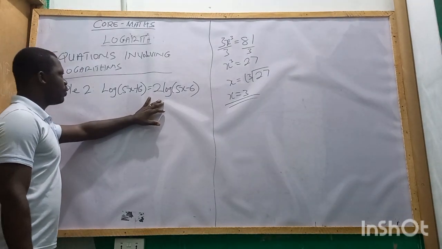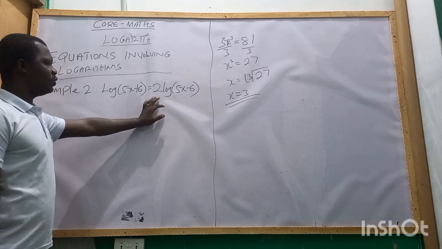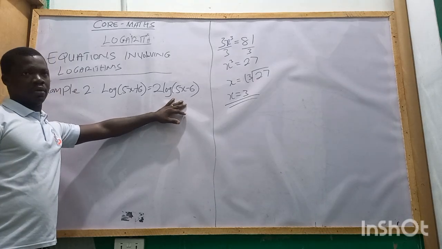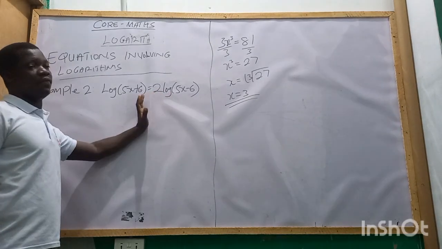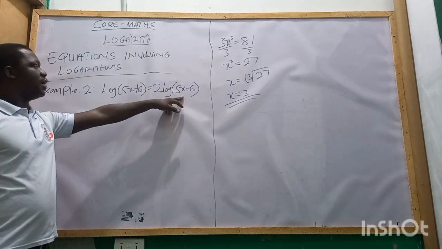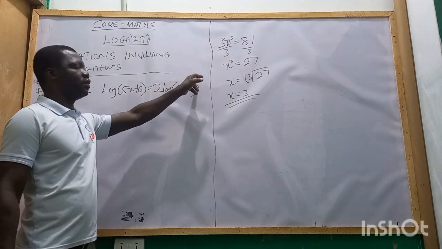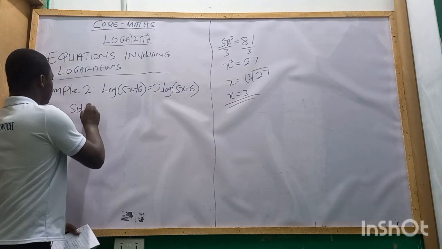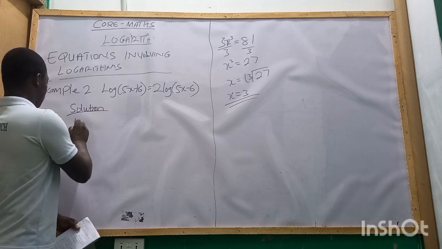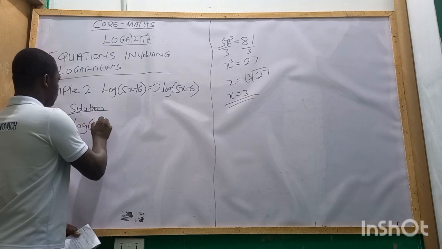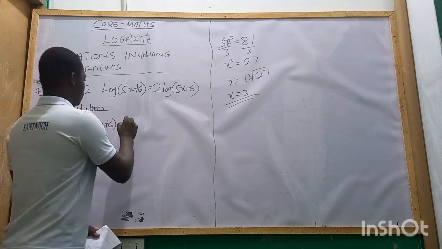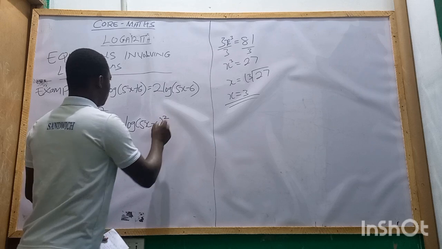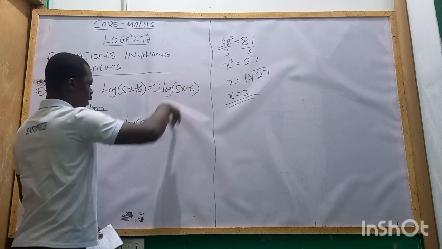As I said earlier on, anytime you have any log question and there is a number or variable in front of the log, you let it be an exponent of whatever is in the log. So the 2 is in front of the log. You make it an exponent here.